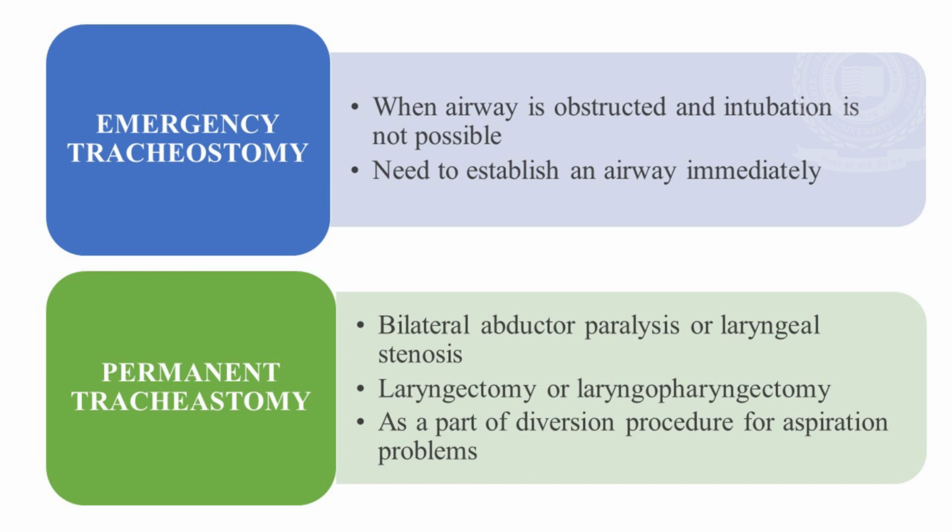There is a need to establish an airway immediately. Permanent tracheostomy is done in cases of bilateral abductor paralysis or laryngeal stenosis, in cases of laryngectomy or laryngopharyngectomy, as a part of diversion procedure for aspiration problems.